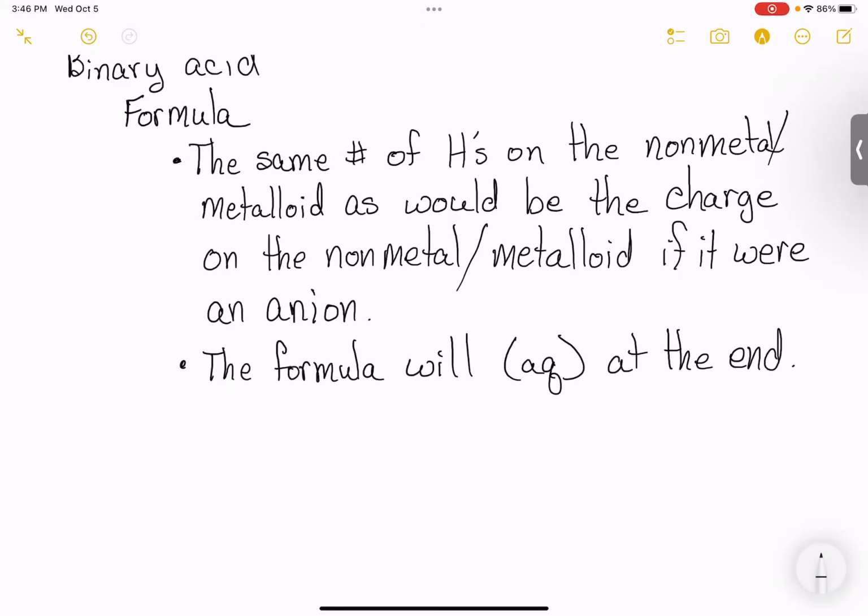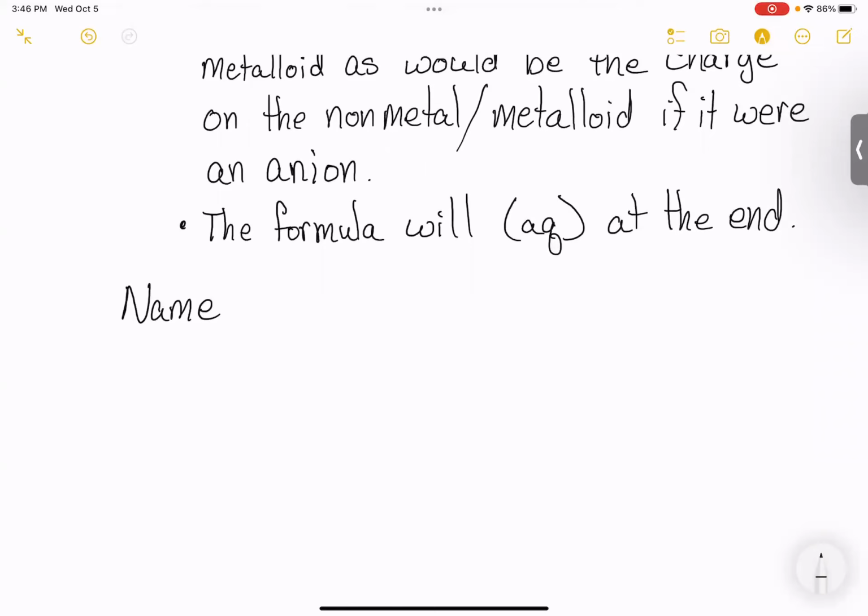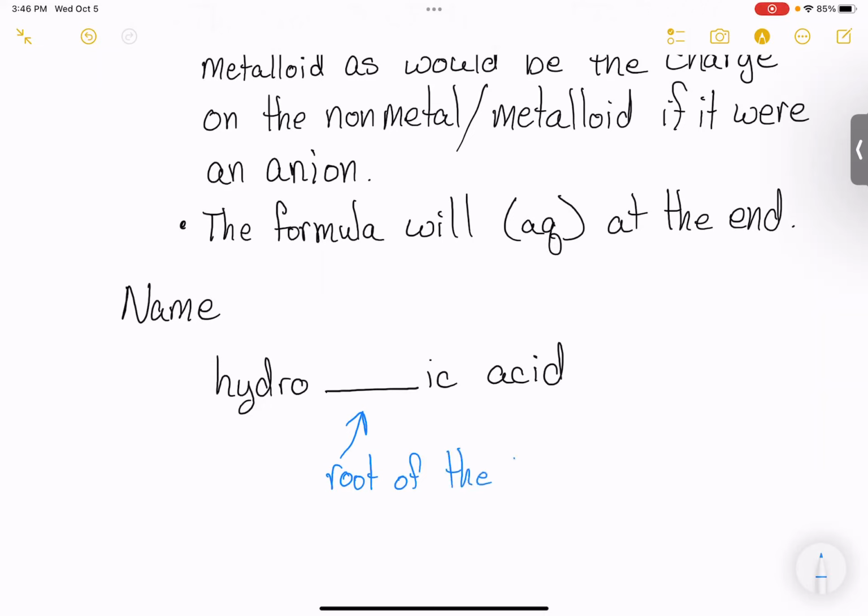Now, the name. All binary acids have the same general name. It starts with a hydro, ends with ic acid, where this is the root of the second element.